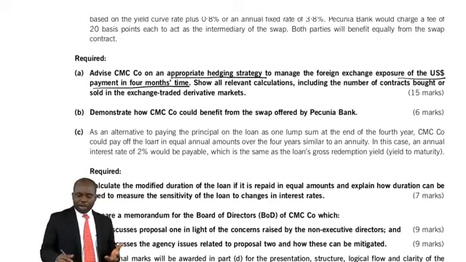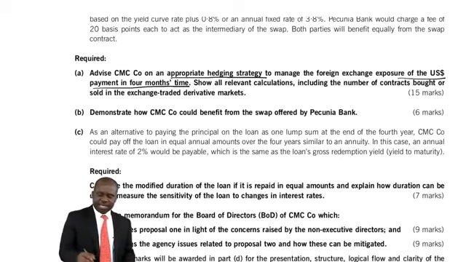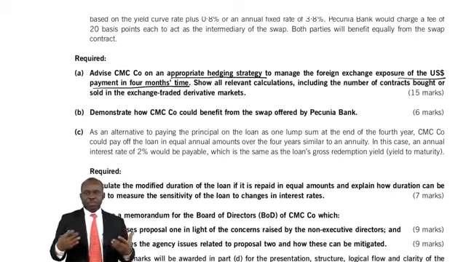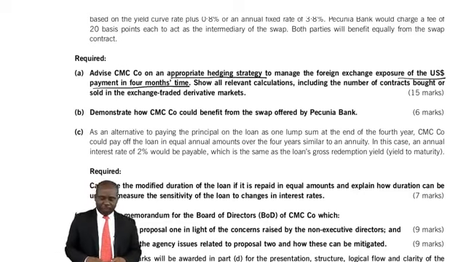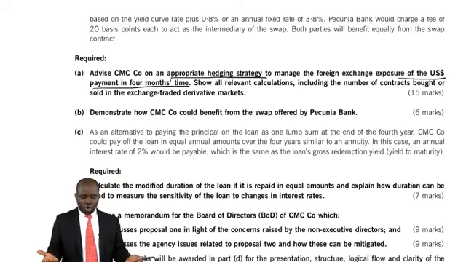According to the requirement, the exposure is the US dollar payment, to be paid in 4 months' time. So when I go to the scenario, I should be able to identify what dollar payment is supposed to be made in 4 months' time, and I need to show all the calculations.